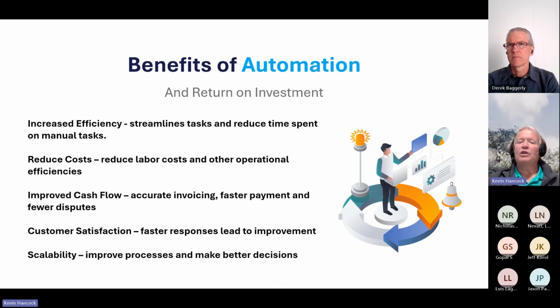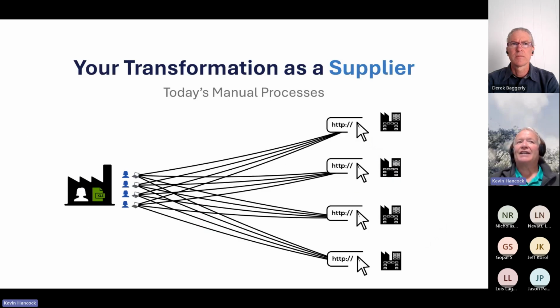Now, what we're really talking about in a practical example across aerospace and defense is that there are a number of large primes out there and others that have different supply chain portals. As many of you are suppliers in that space, you probably go into these different supply chain portals.